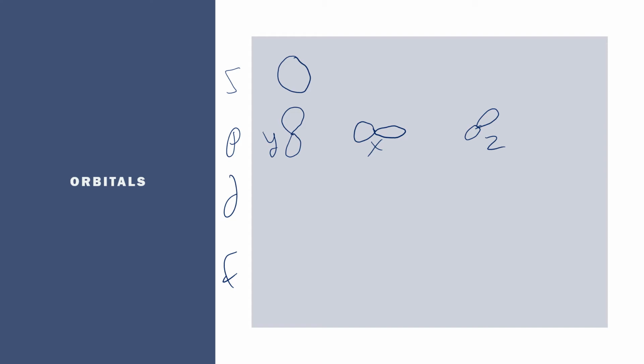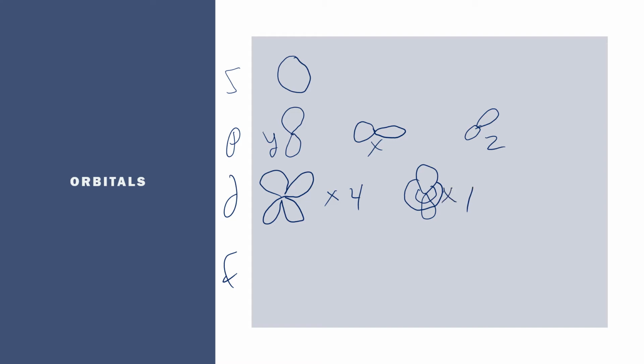D are these flowers, and don't worry, you won't be asked to draw these. They're going to be facing in different directions, but there will be 4 flowers in a sublevel, and then what I call a dumbbell donut. I don't know if anybody else calls it that, but it's basically a dumbbell with a donut-shaped ring around the center of it, and there's one of those.